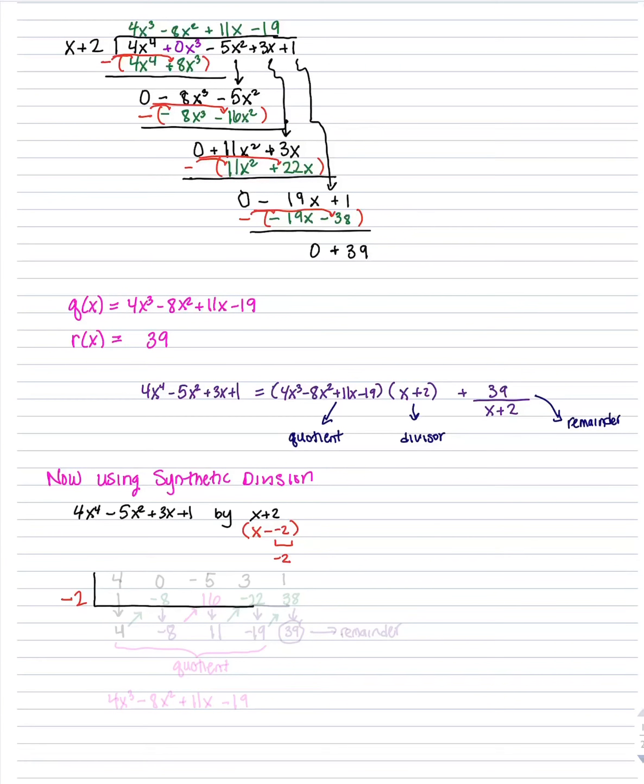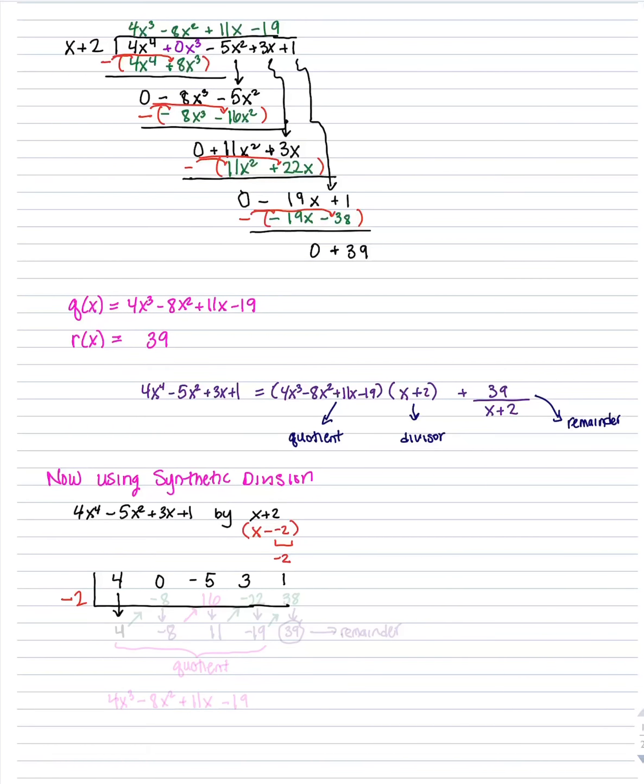We put the coefficients of our polynomial. So our coefficients are going to be 4, 0, because we don't have an x cubed term, negative 5, 3, and 1. So the rule is that vertically you add and diagonally you multiply.